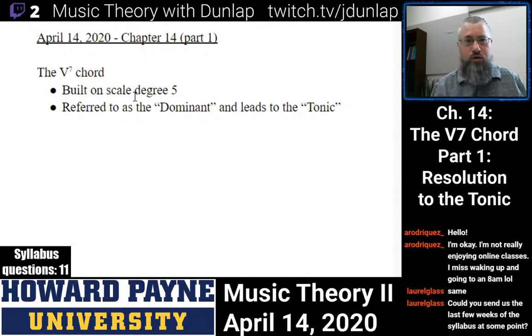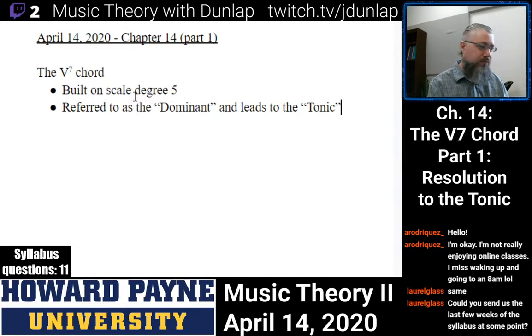That was the 4 chord, and then scale degree 4 in the bass. Maybe I could do scale degree 5 in the bass. That's referred to as replacement 5, which I've talked about in previous lectures. But the important thing is, in classical music, it was a very, very important way to get back to scale degree 1. So what we're going to do today is talk about when we add the 7th.